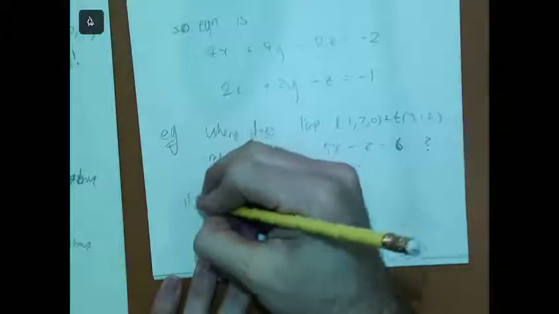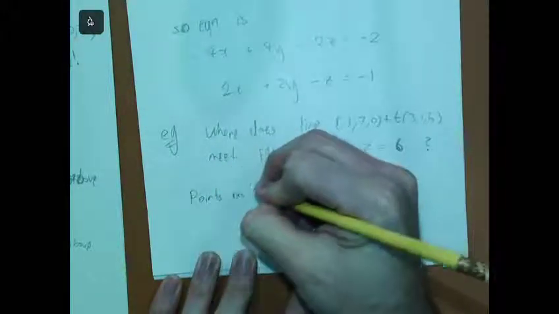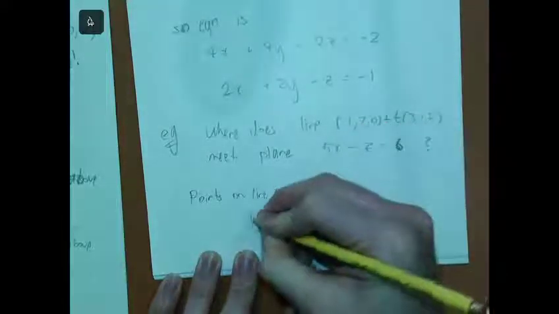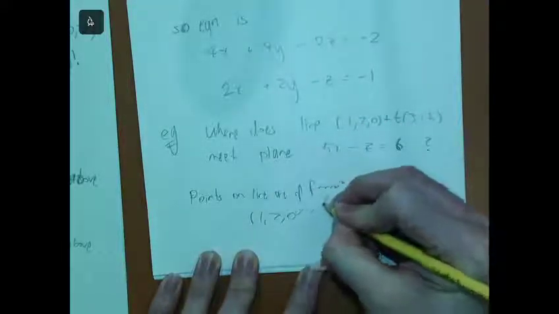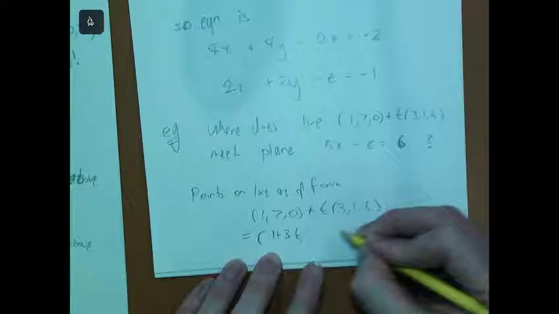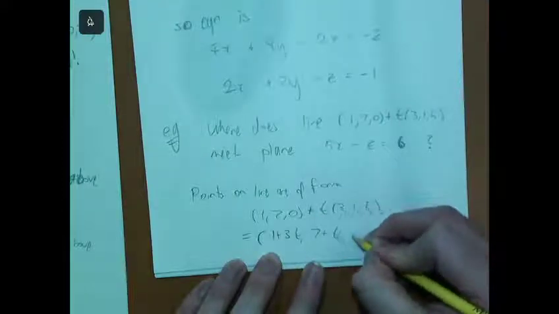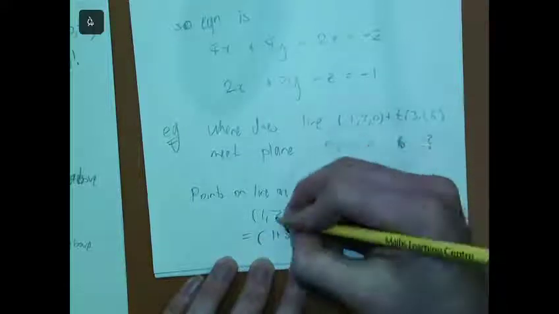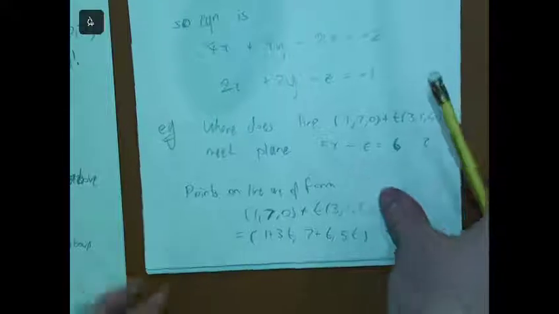So points on the line are of the form (1, 7, 0) plus t of (3, 1, 5), which is the same as (1 plus 3t, 7 plus t, 5t). That's putting the t in there and then adding them together, turning it into its parametric form as opposed to its vector parametric form.